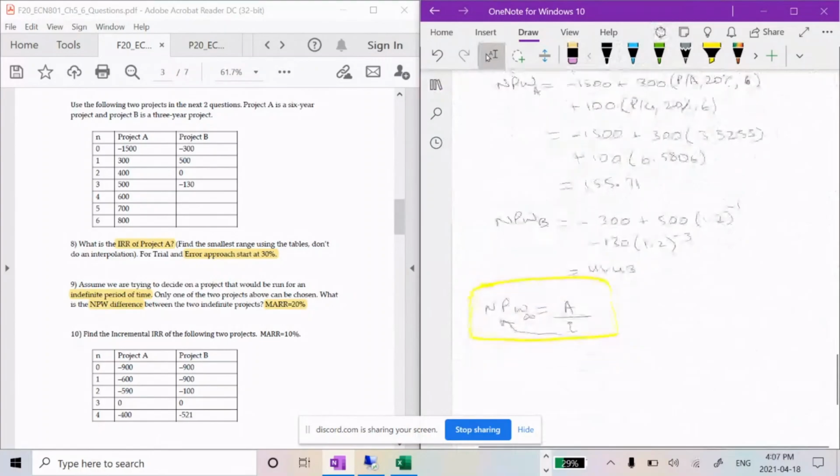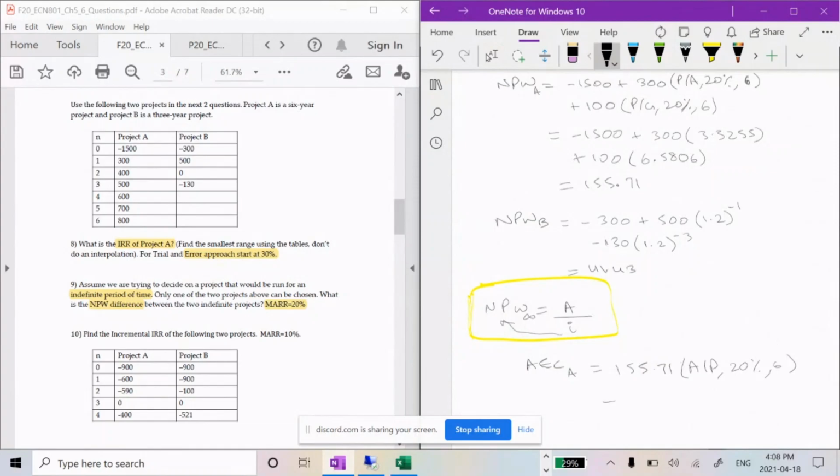So you find AEC of A. We got 155.71 as P. You find A given P at 20% and 6 periods.